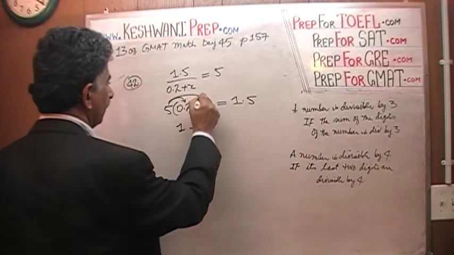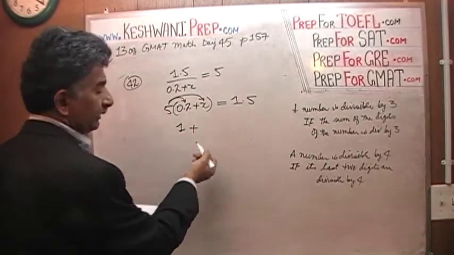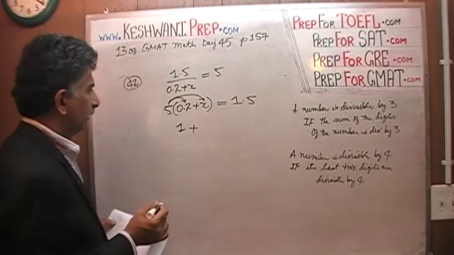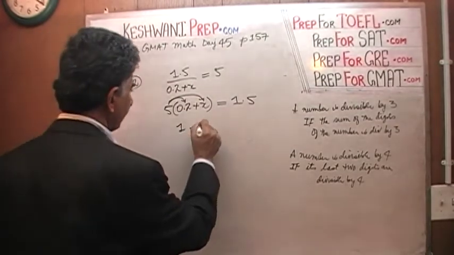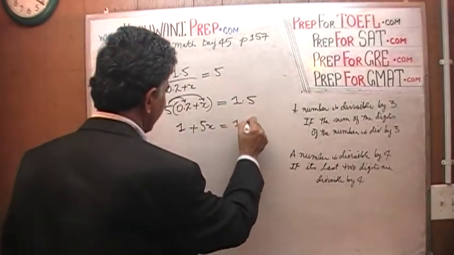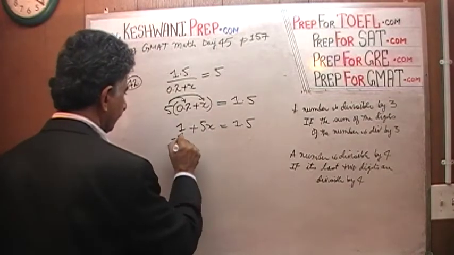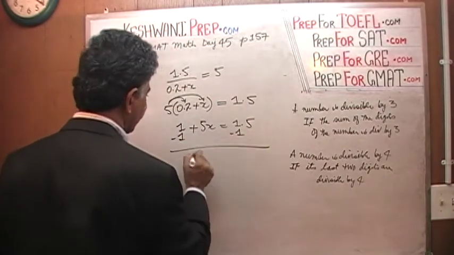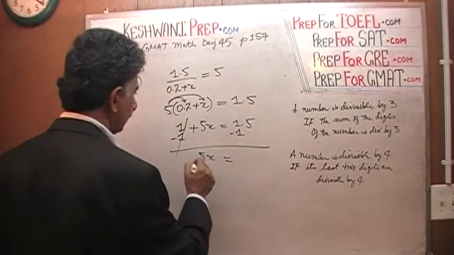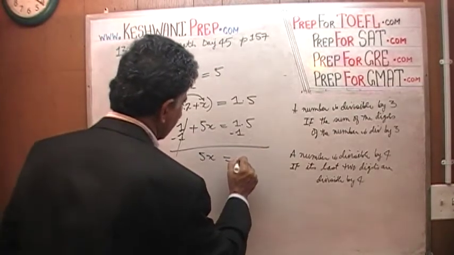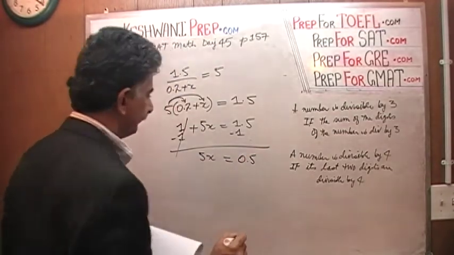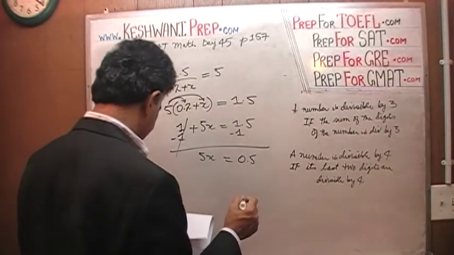Plus 5 times x, which is just 5x, equals 1.5. Subtract 1 from both sides and you end up with 5x equals 0.5, or half if you like.